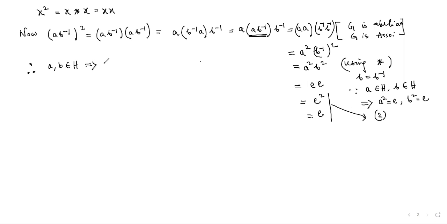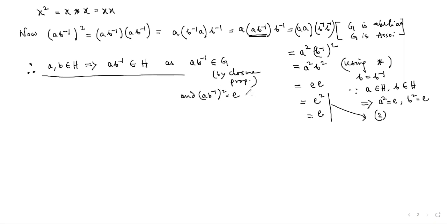implies AB inverse belongs to H, as AB inverse belongs to G by the closure property, and AB inverse whole square is equal to E. Okay, and therefore we can number this as 3.